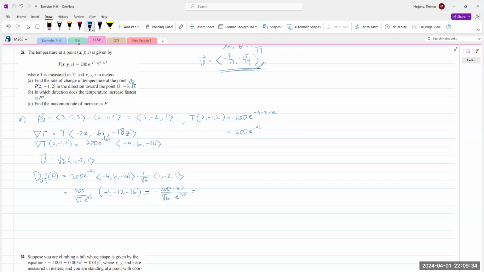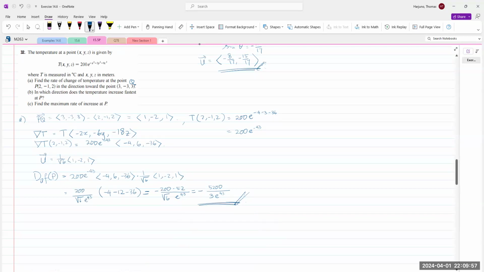I can simplify that by multiplying by radical 6 on the top and bottom, giving negative 5200 over 3 e to the 43, radical 6. It is still very, very cold!